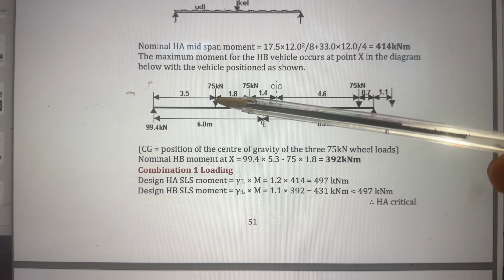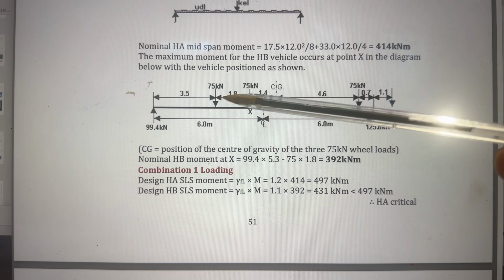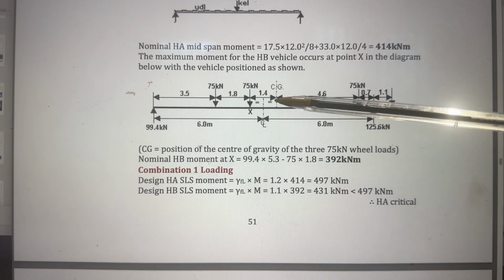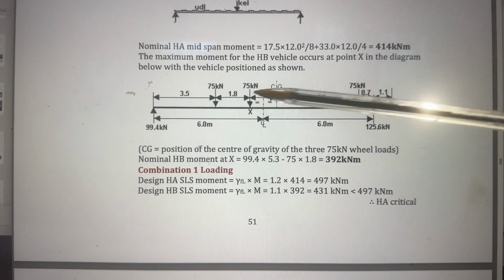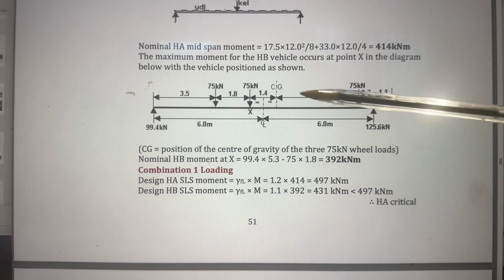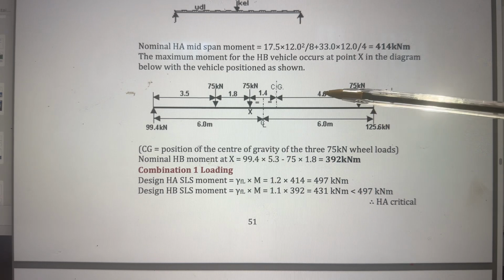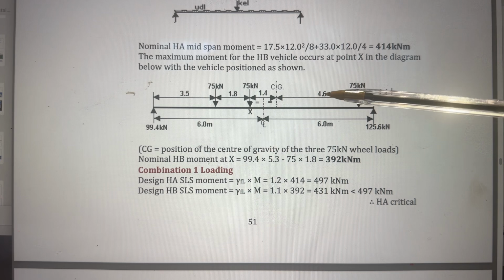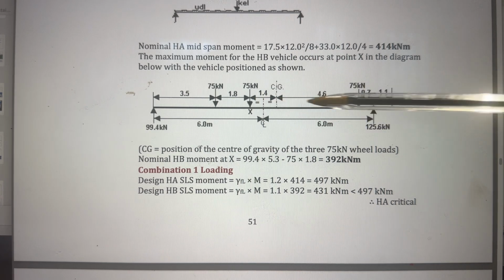For one particular axle, one wheel is here, 75 kilonewton, and between the wheels it's 1.8 meters, then another wheel, and then there is a 5.2 distance, and then you have, I think it's 5.2, 1.4 plus 4.6, so it's 6 meters distance. So this now provides you with the arrangement.